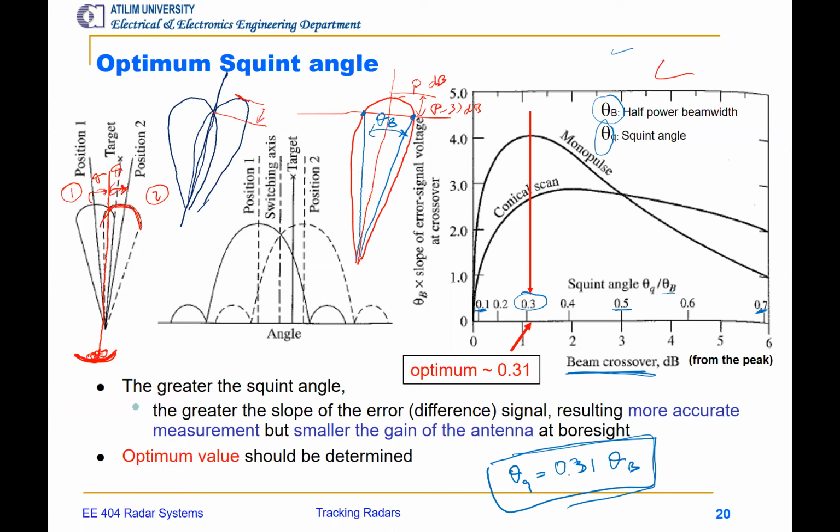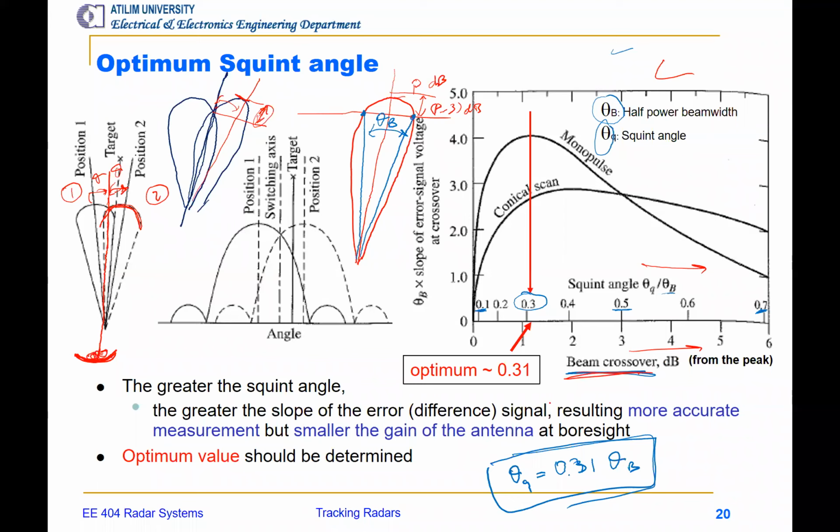So this difference. When I increase the squint angle, we expect increasing crossover loss, right? So when I increase the squint angle, the crossover loss increases, which means that the received power reduces by beam crossover.